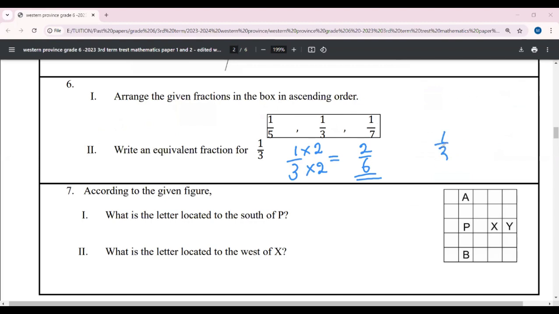If you want, you can multiply by 3, then you get 3 over 9, and this is also an equivalent fraction. Actually, you have to find only one equivalent fraction, so you can give the answer like this.